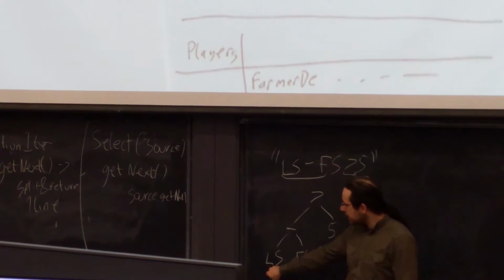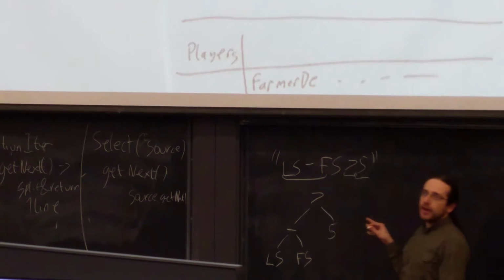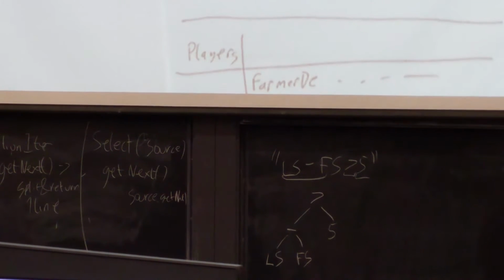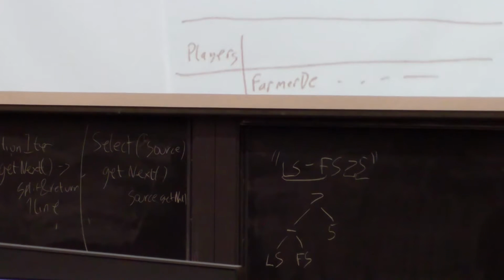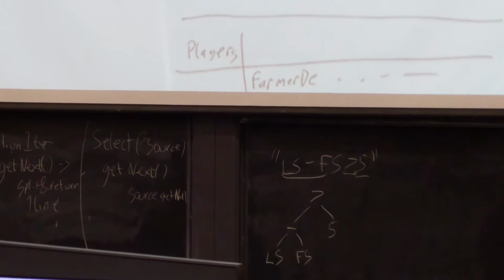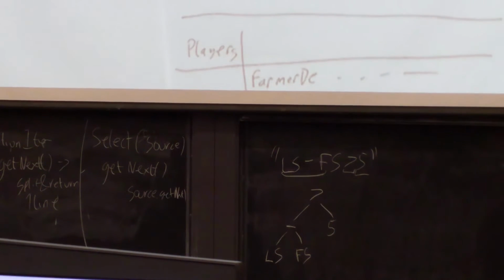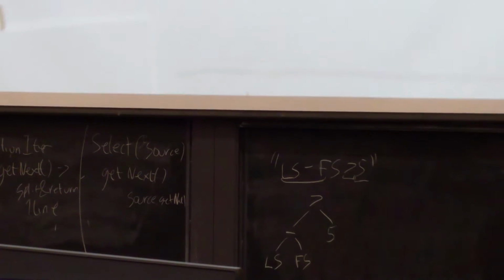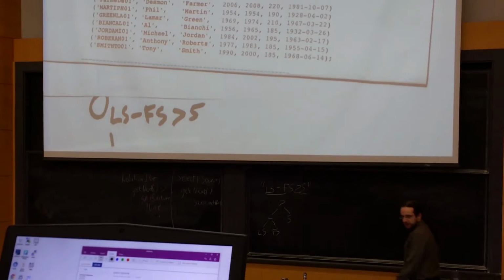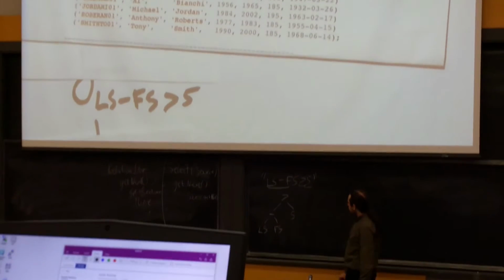So there's an expression in here. And if I plug in a specific value of LS and FS, I'm going to get back some result. For the purposes of your project, there's code that actually evaluates this for you, the eval class. But let's say we plug in some specific values. So the first row here is Desmond Farmer.